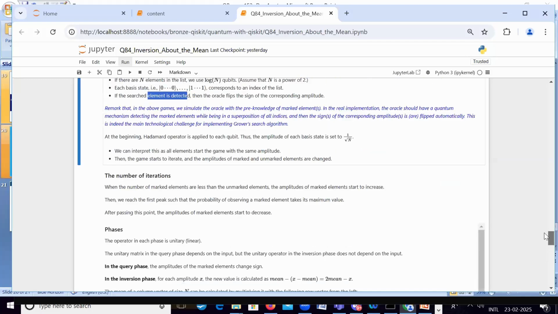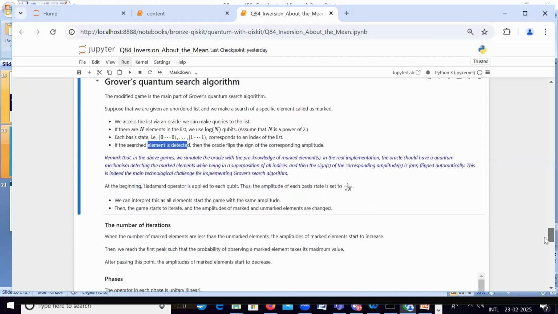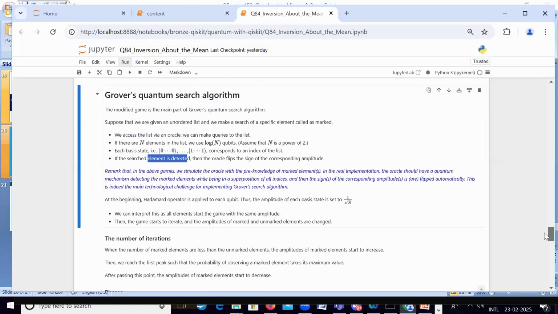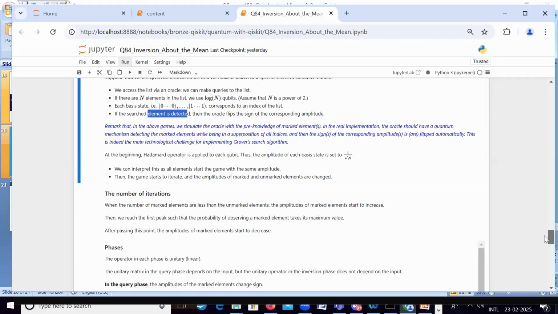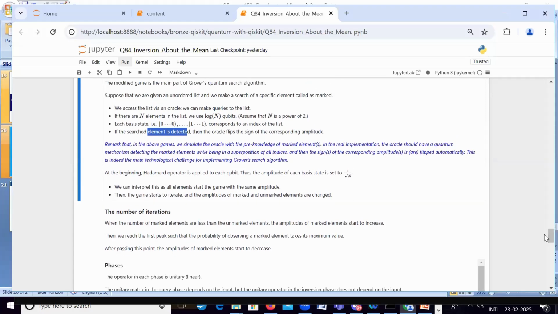Now, by this time, this has been clear in Grover's. There are two functions, or two phases. One is the query phase, and another one is the inversion phase. In the query phase, we mark the element. We give the negative sign to the marked element.